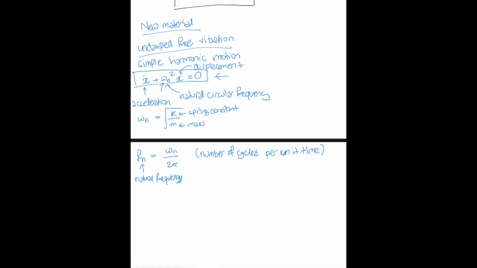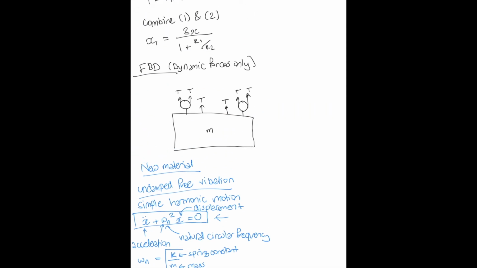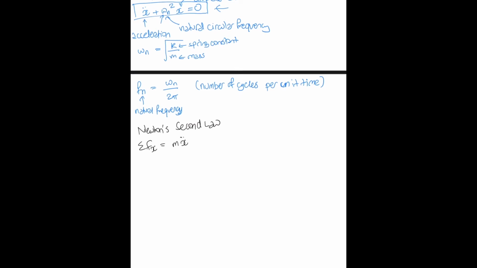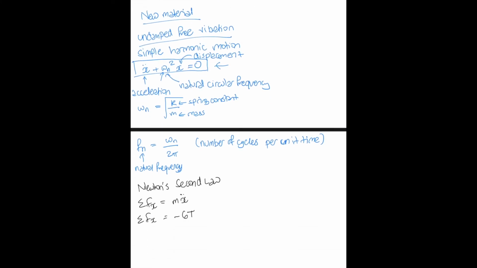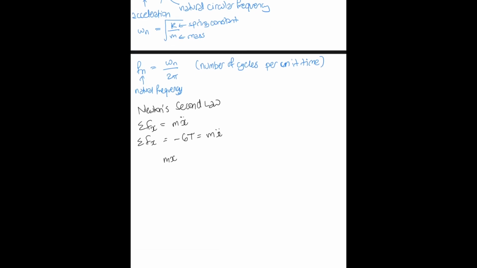Okay, going back to our question, if you look at this free body diagram and try to write a Newton's second law, it's going to be looking like this. The sum of forces in the x is going to be equal to ma, or m x double dot, which means that we've got 6 tensions pointing upwards, so it's minus 6T equals m x double dot. And if we rearrange that, we get m x double dot plus 6T equals 0.